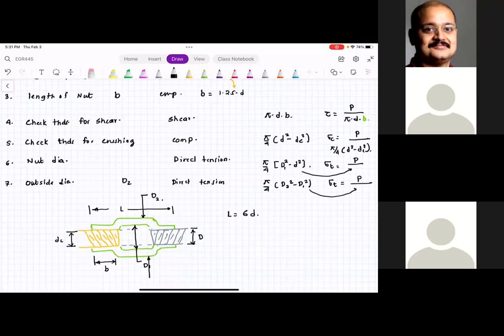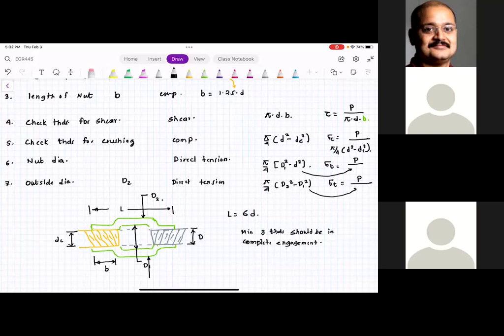But please understand, for turnbuckle to be operational, minimum 3 threads should be in complete engagement. If you have just one thread, you may think that, hey, turnbuckle is functioning, but it's not strong.